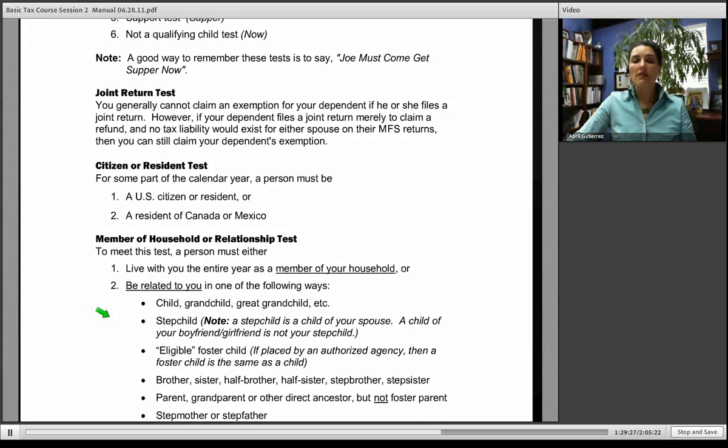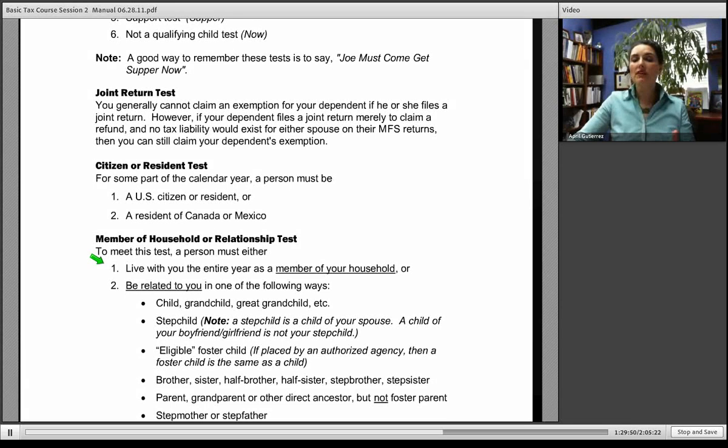Now, the son or daughter of your boyfriend or girlfriend could still be a member of your household, however. And if that person was a member of your household for the entire year, they could still be your qualifying relative, but only if they were not the qualifying child of the parent first. So this is kind of a lot to get your head around.